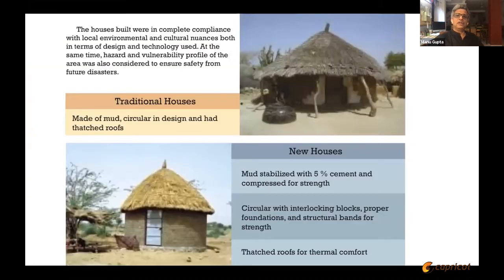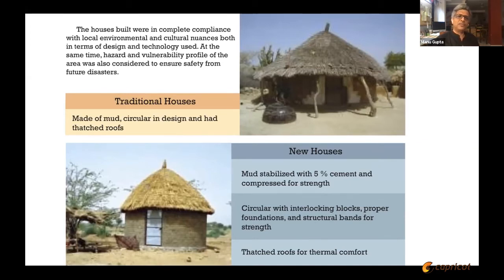We looked at traditional houses, but then how can you incorporate flood resistant features in this kind of housing? Our post-disaster housing in these arid areas retained some of the traditional features. The sandstorms are always there, so circular design is necessary.